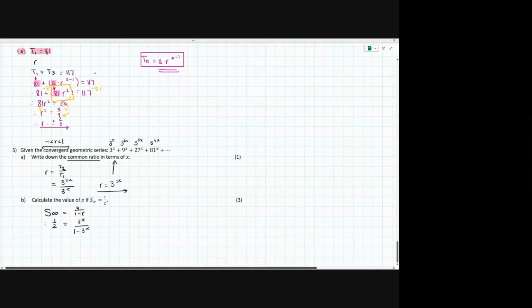A little trickier, guys, when you've got one fraction and one fraction only on either side of your equation, you just cross multiply. So you'll multiply the denominator of 2 with the numerator on the other side and the denominator of 1 minus 3 to the x with the numerator on the left. So we'd have 1 minus 3 to the x equals 2 times 3 to the x.